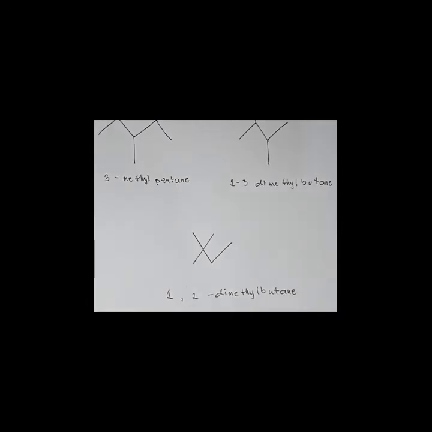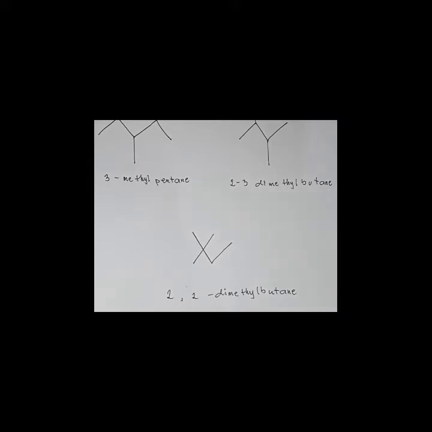And the last structure of C6H14 is 2,2-dimethylbutane. It is called 2,2-dimethylbutane because the second carbon atom has 2 methyls, so that is called dimethyl, and it is called butane because it only has 4 carbon atoms.